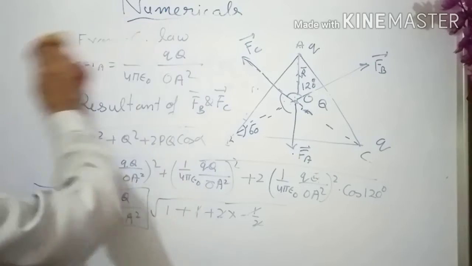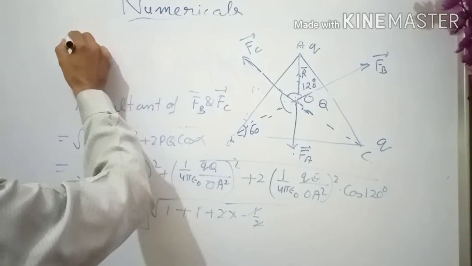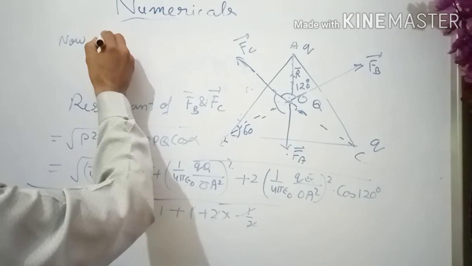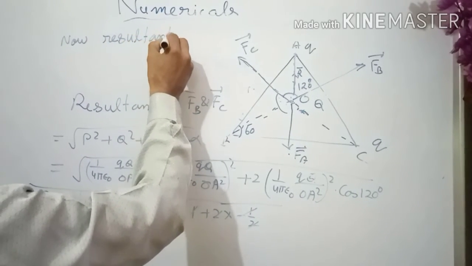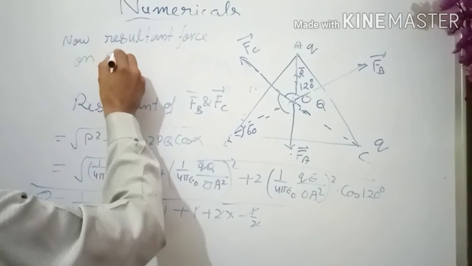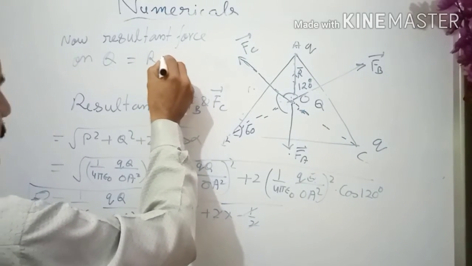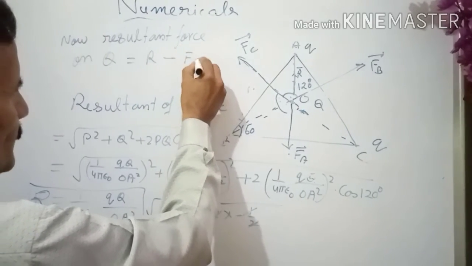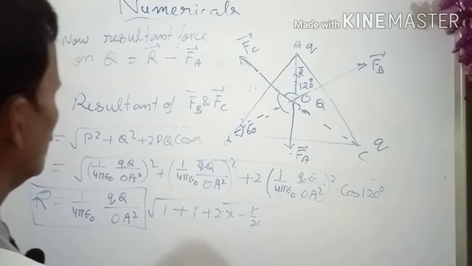Now resultant of R and FA. Now final resultant force on Q is equal to this R minus FA. Why minus? Because they are in opposite directions.